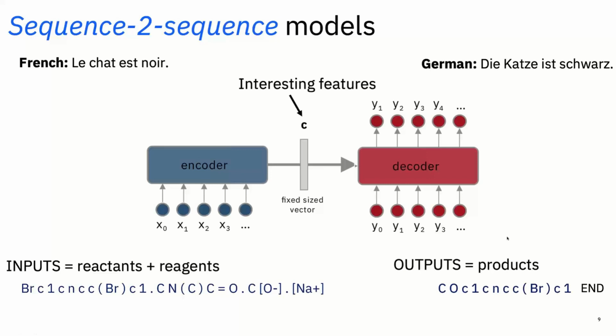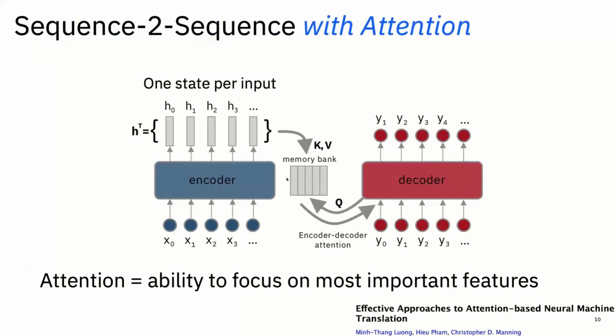What was the problem with those early sequence-to-sequence architectures is the fixed-sized vector in the middle. Sometimes when the inputs were too complex, not all the information could be captured in this fixed-sized vector, and then the decoder would fail to predict the correct product. Researchers in natural language processing came up with a solution which is called attention.